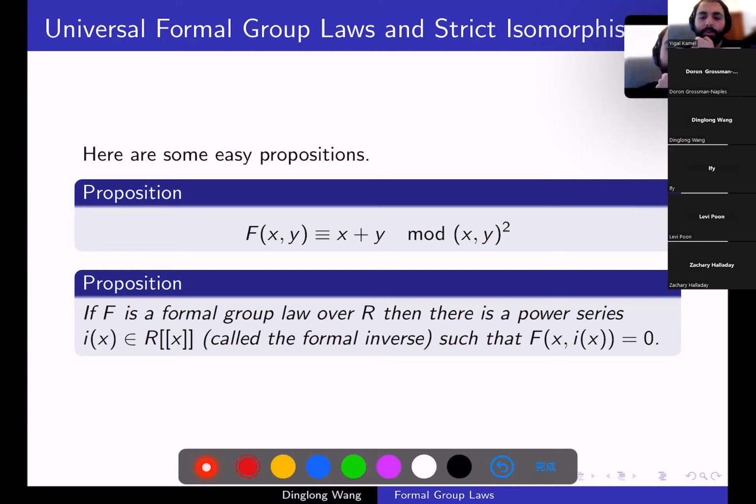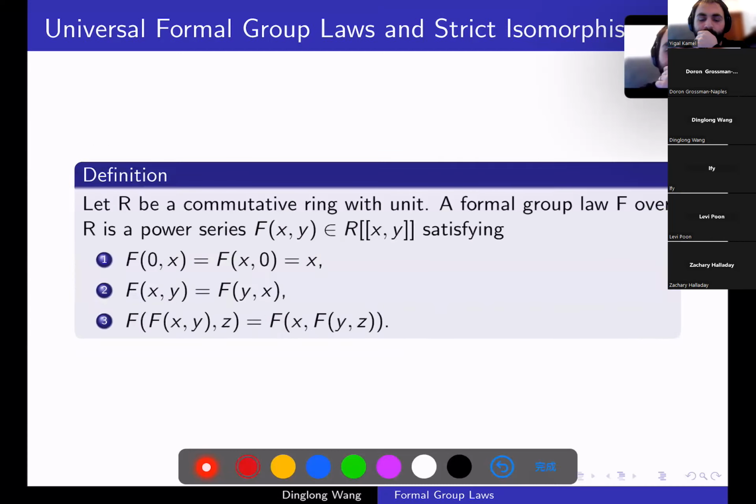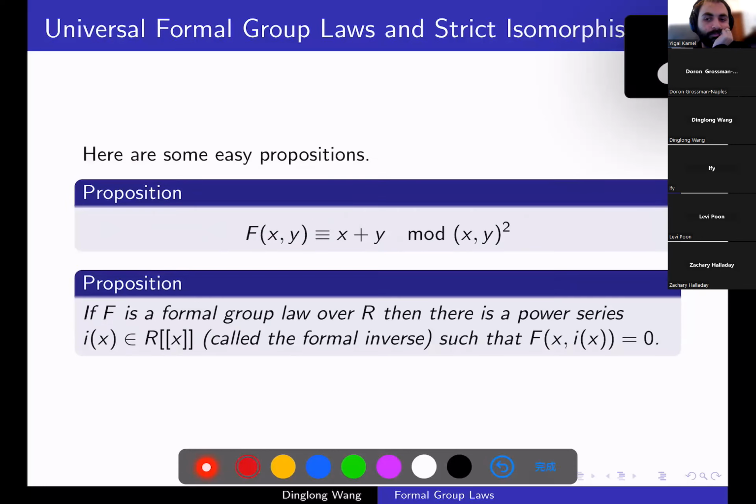What does the mod (x, y) squared mean? So you mod out by the higher degree terms. You mod out by x squared, xy, y squared, and all the higher degree monomials, that is, the square of the ideal generated by x and y in the formal power series ring of two variables with coefficients in R. You square it, and then you mod out by that.